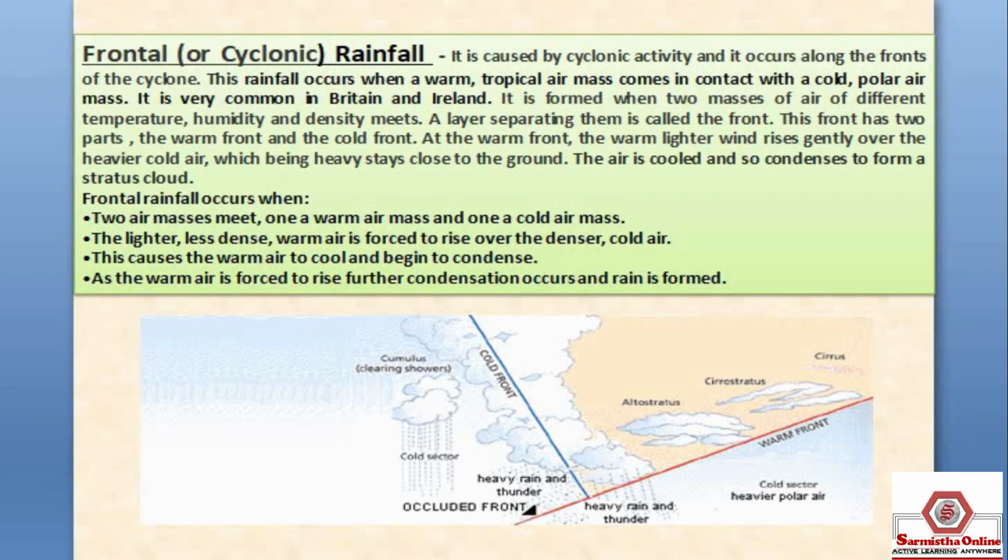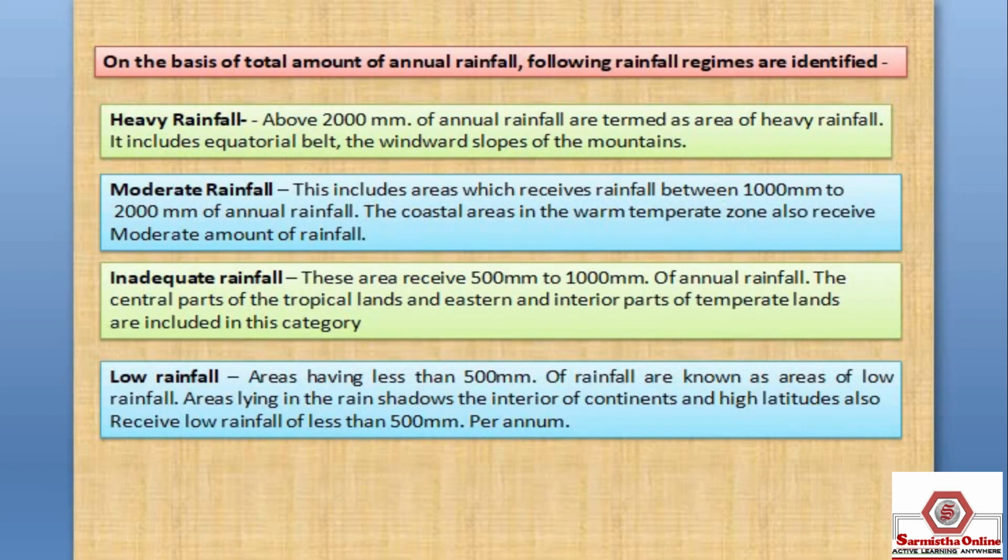The lighter, less dense warm air is forced to rise over the denser cold air. This causes the warm air to cool and begin to condense. As the warm air is forced to rise, further condensation occurs and rain is formed. This is called the frontal rainfall.